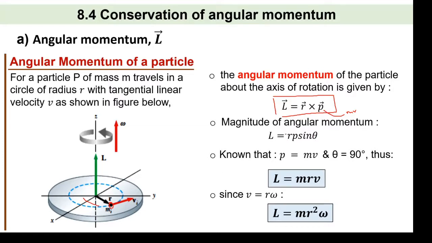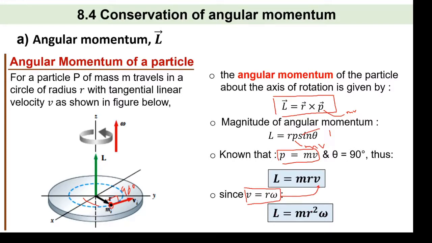Since p equals mv, and the angle is 90 degrees, sine 90 is 1. So L equals mrv, and our velocity is the distance between the particle and the rotational axis times the angular velocity, v equals r omega. Substituting into our equation, we get L equals mr squared omega.